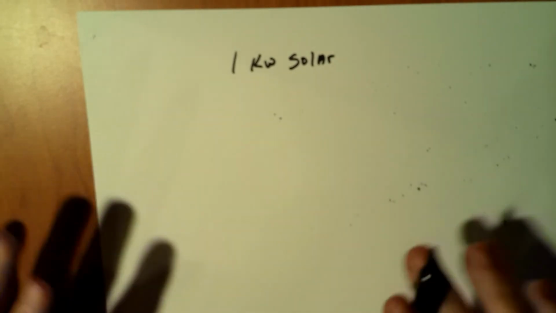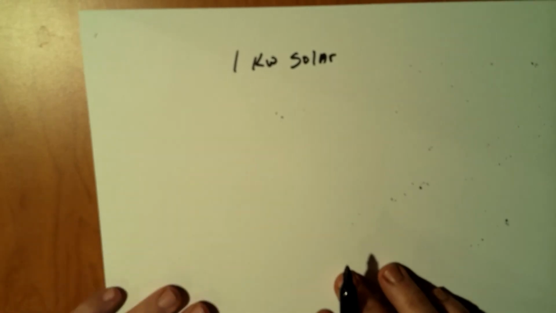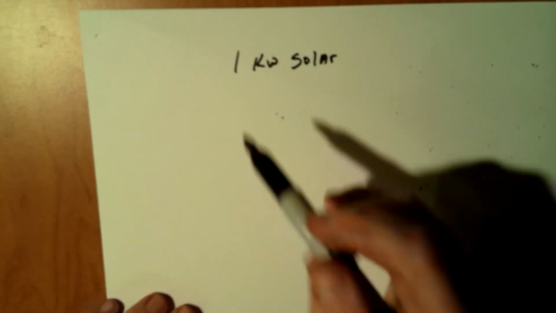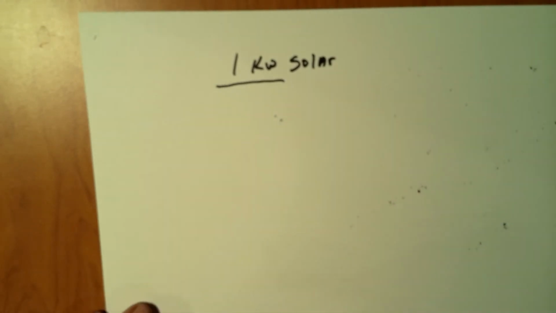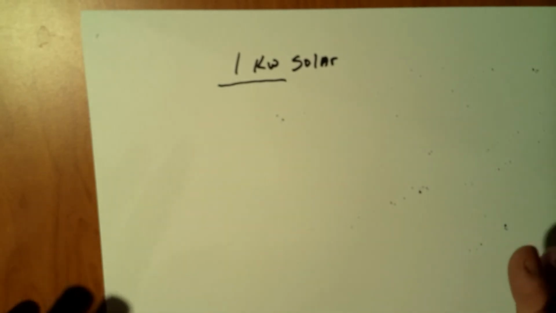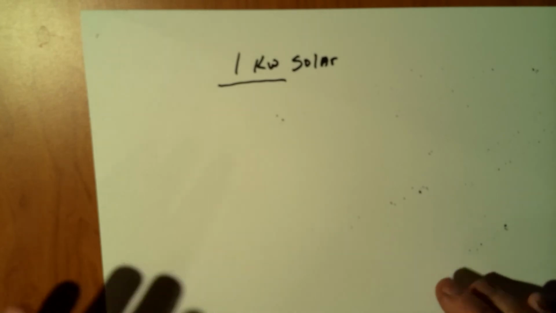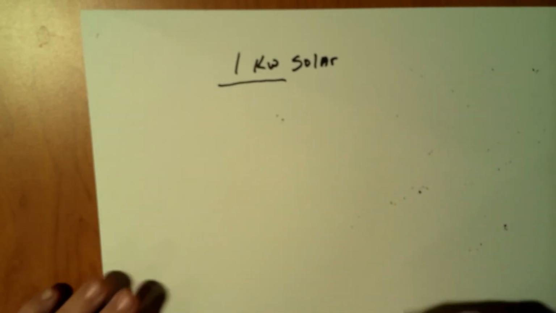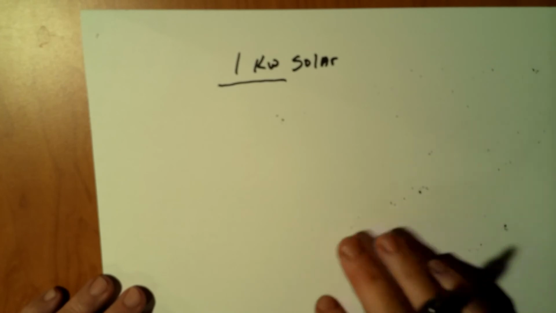Well, a 1 kilowatt array means that as long as the sun's shining, on the perfect day with the perfect sunlight, it's putting out 1 kilowatt. Some put out a little bit more, but mostly no. 1 kilowatt is not an average. It's going to average somewhere in between, but we're going to stick with 1 kilowatt for the purpose of this.